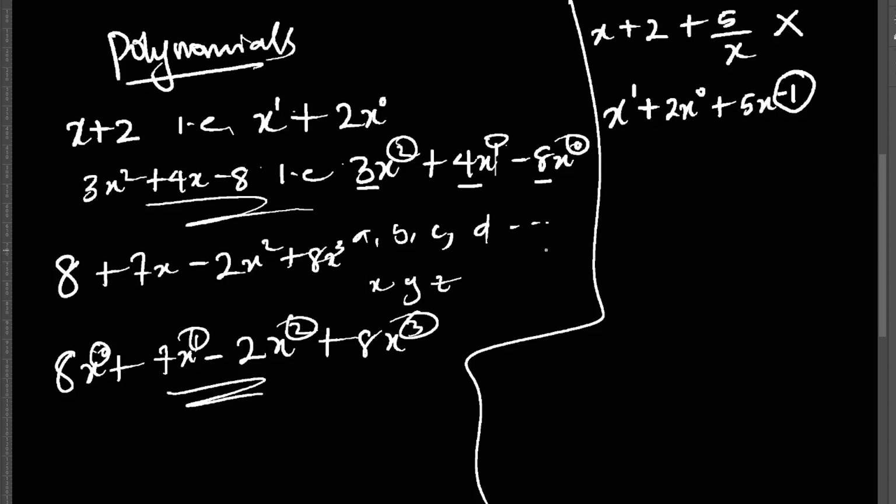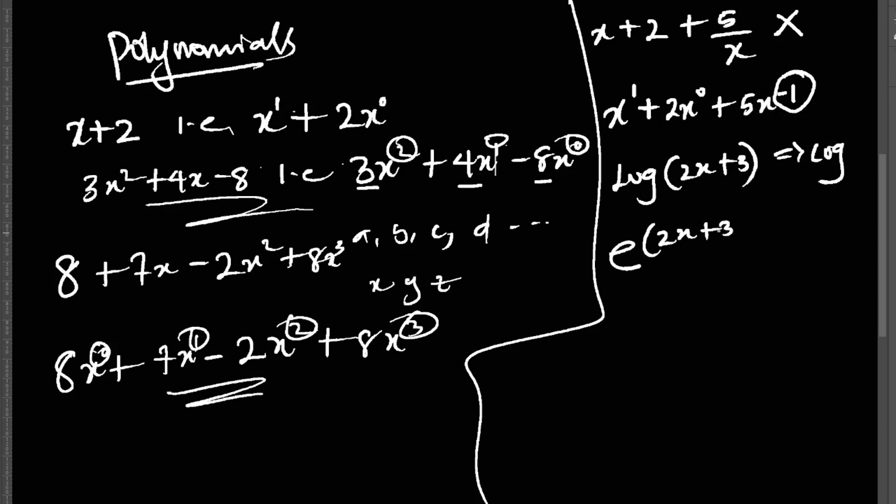Because of this negative power, this function is not a polynomial. Also, if I have a function like log of 2x plus 3, this is not a polynomial. Why? Because of the log. If I have e to the power of 2x plus 3, for example, this is not a polynomial because of the exponent.